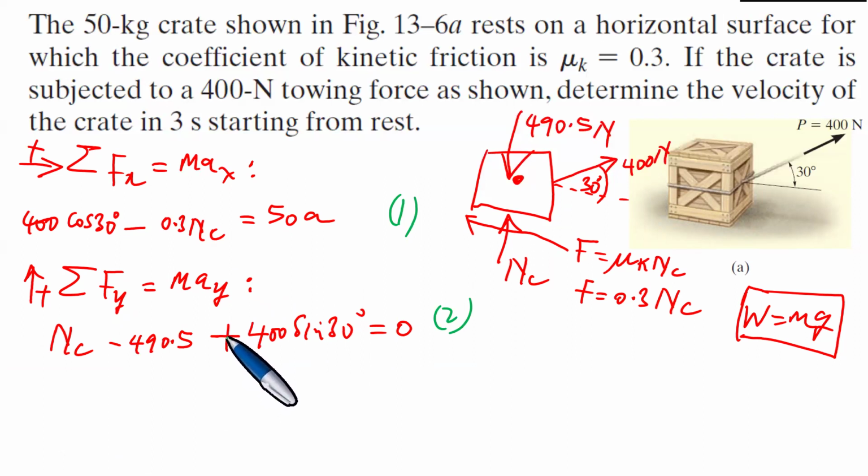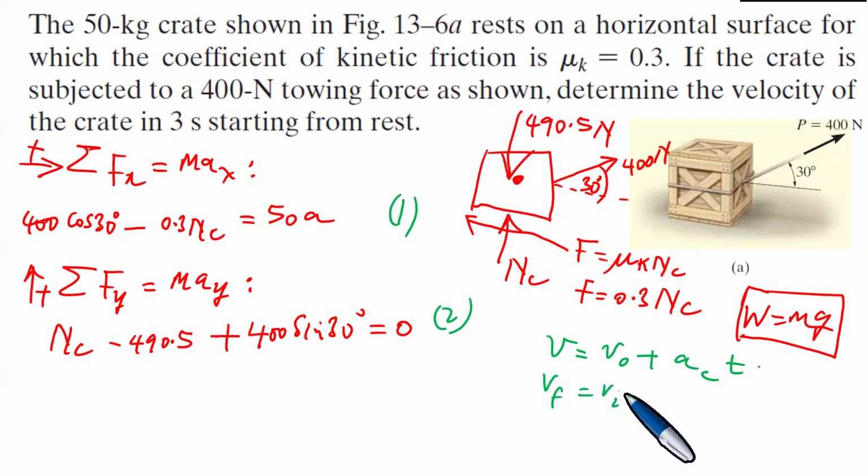Because after having obtained these unknowns, we need to get the acceleration, because to get what is wanted, the velocity of the crate, we're going to use the equation of motion, V equals V0 plus at. Okay, it is V final equals V initial plus A delta T. Same sort of formula there.